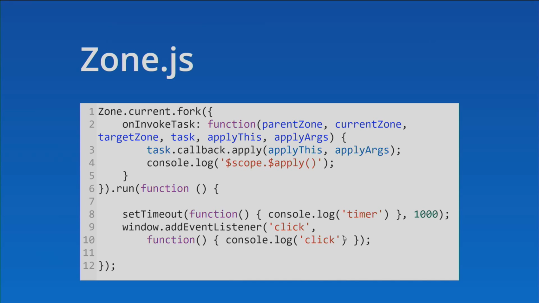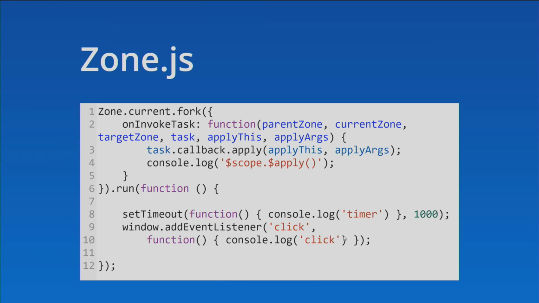There's an onInvokeTask handler that defines that every time some task is called, and a task is some asynchronous operation, then we can do our stuff. The task itself is available, and task.callback refers to the original function that should be called, and then we can put our own code after that.